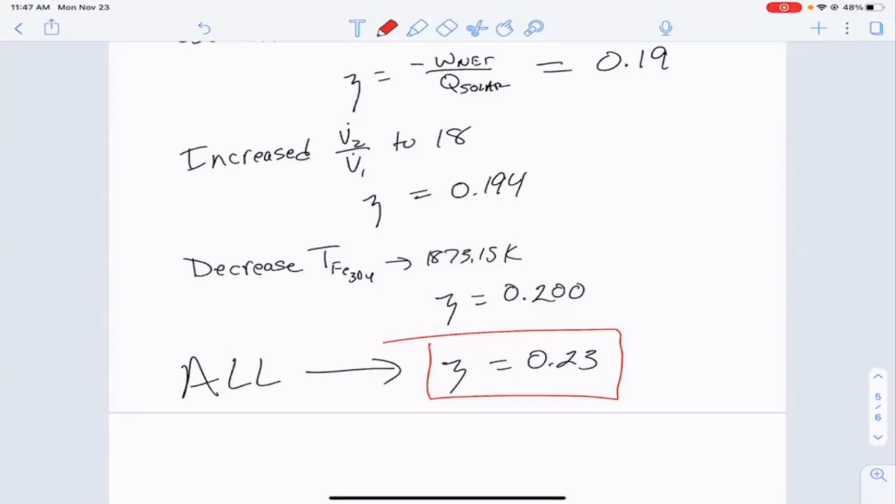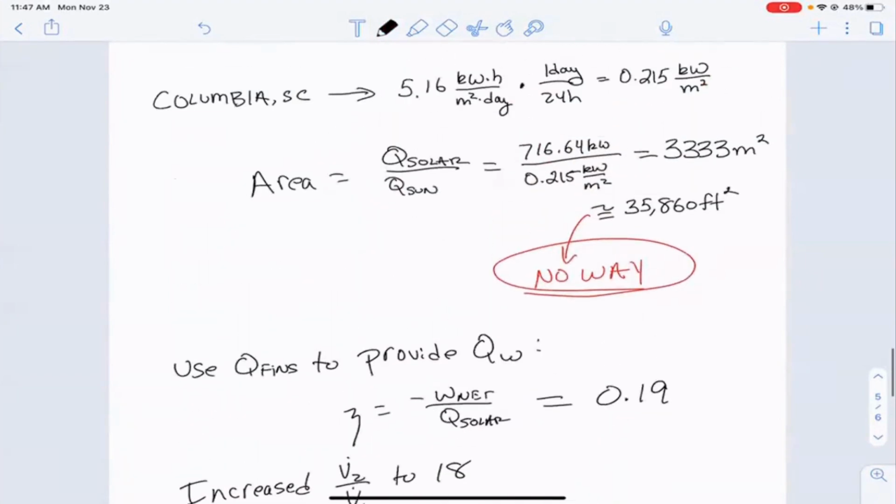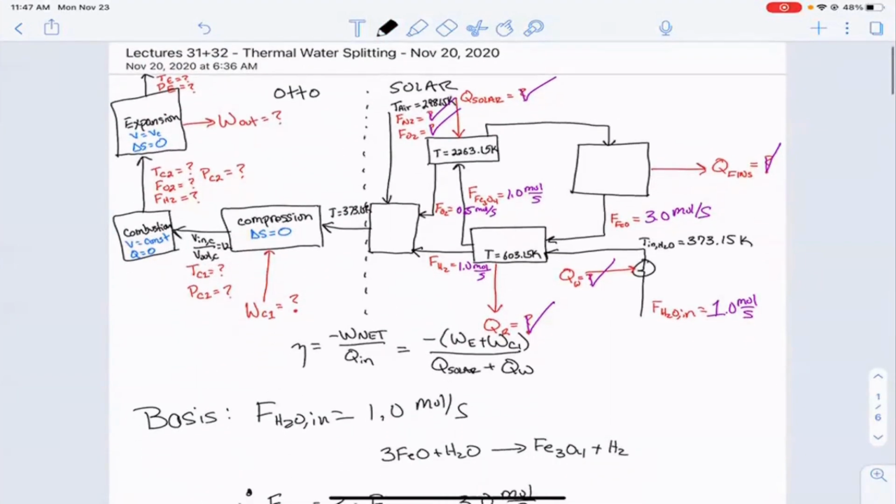So I hope that in the process of solving this problem, this is a huge problem, right, that we tried to solve in only 2 class periods, you're not too uncomfortable with what we did, because it took advantage of everything that we've done throughout the course of this semester, from ICE tables and reactions to the results of energy balances and entropy balances.